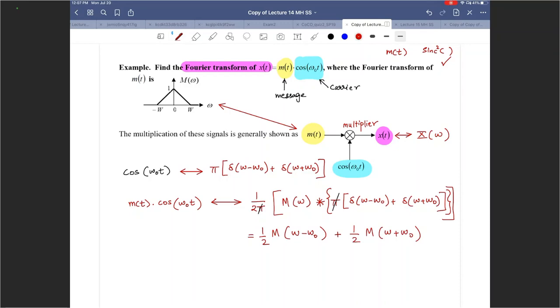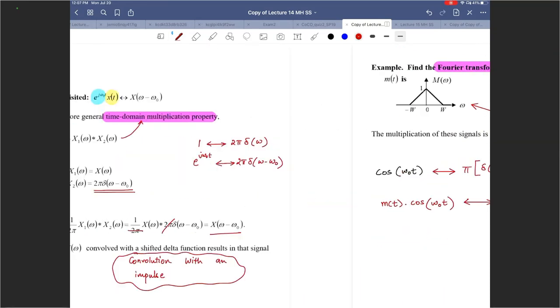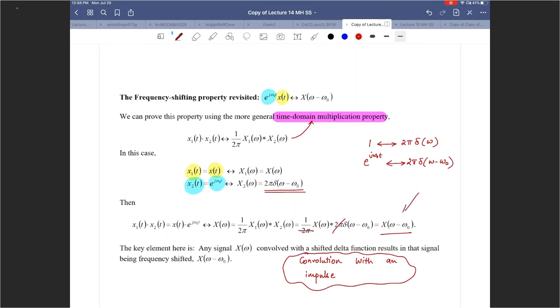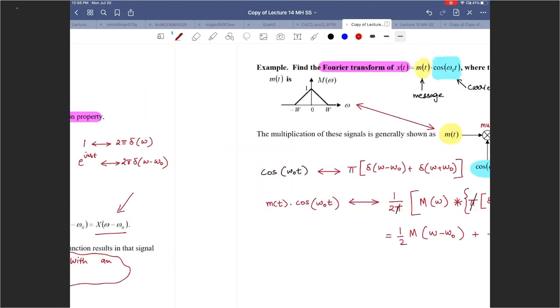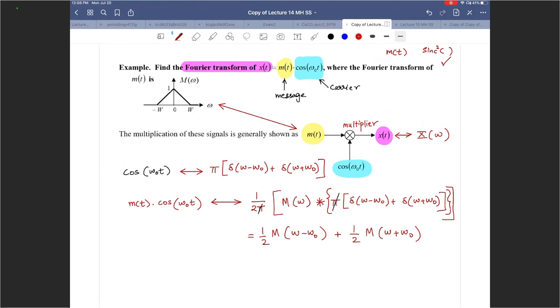All I did was use my frequency shift property that I just looked at over here. When I convolve with an impulse, I move that signal to that frequency. Half comes from the amplitude scaling there. So in terms of frequency, we can look at all of this as that.